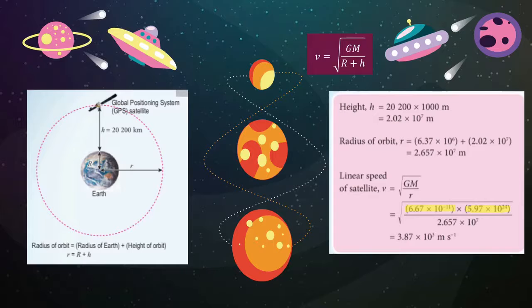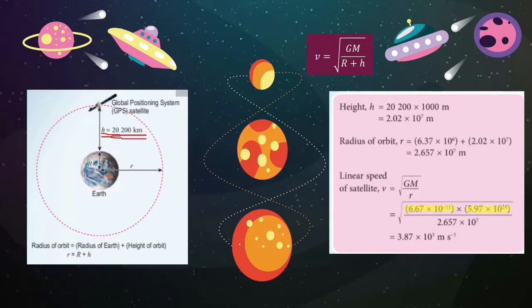The last, small letter r, the radius of orbit. From this figure, it already gives us an information that h is equal to 20,200 kilometers.